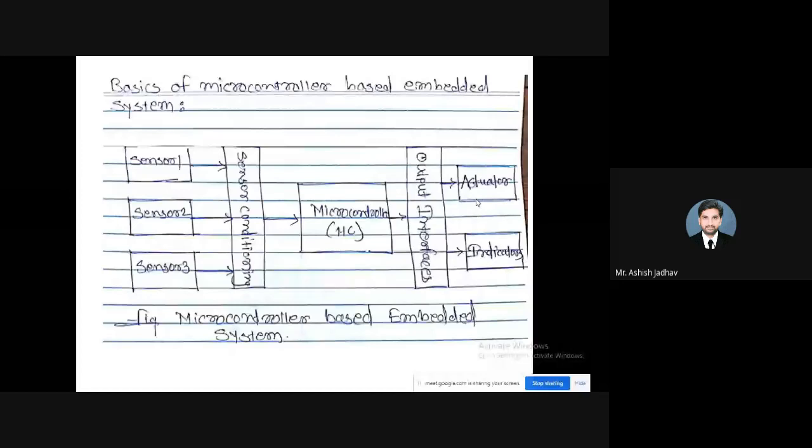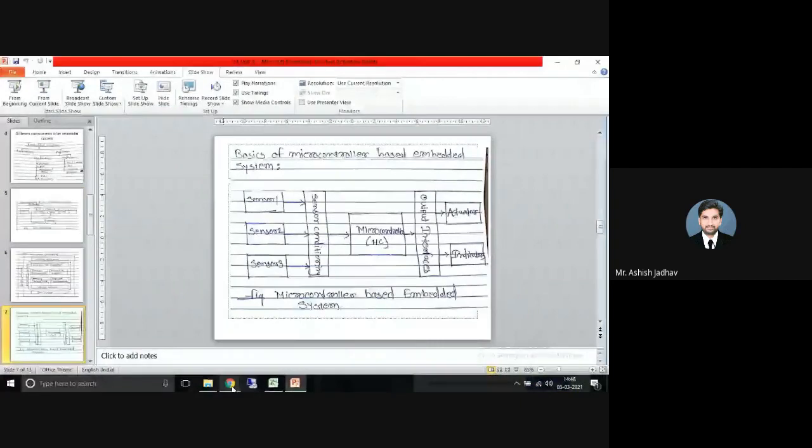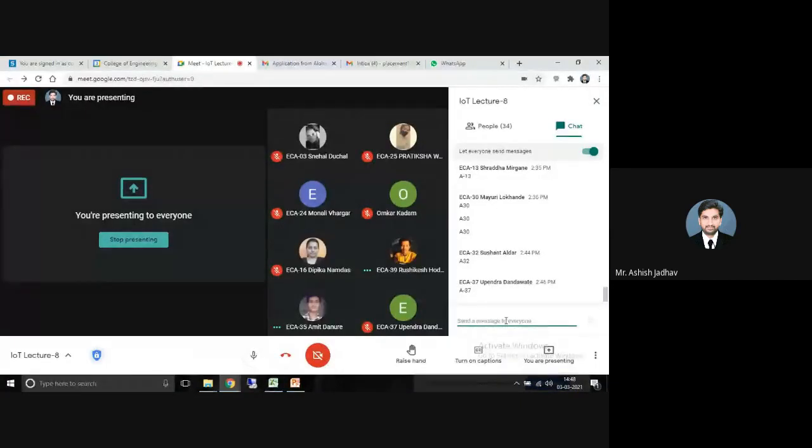What I want is the list of examples of microcontroller based embedded systems. Everyone needs to write one microcontroller based embedded system. Your time starts now.